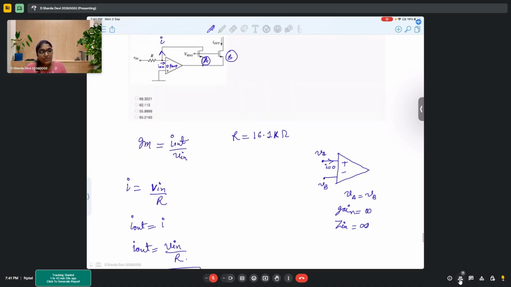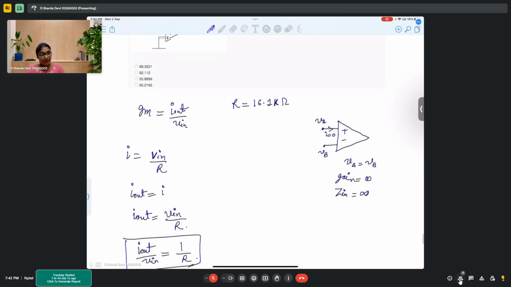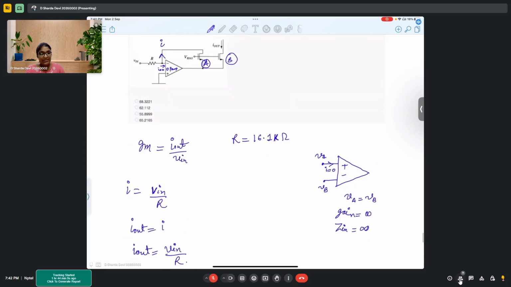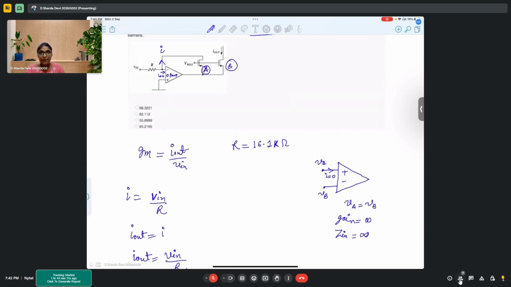So any doubts in this particular problem? Did you understand how we solved this?